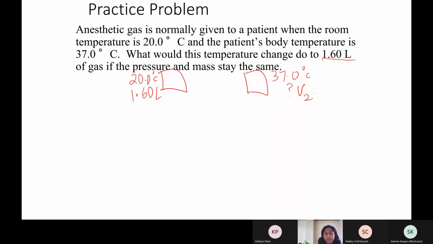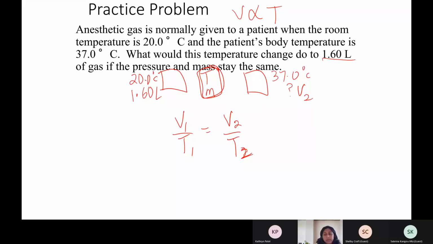So it says the pressure and the mass are constant. So here you basically look at the relationship between the volume and the temperature. So you'll use Charles's law: V1 over T1 equals V2 over T2.